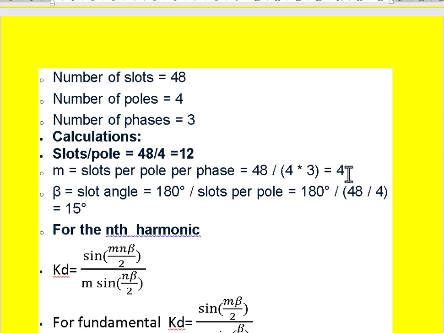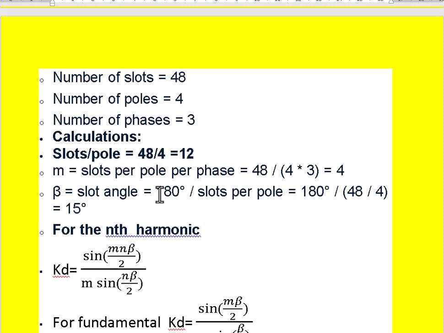Next, M is nothing but slots per pole per phase. So number of slots already known, that is 48, divided by the number of poles means 4 into number of phases means 3. So then we get 4. So M, the number of slots per pole per phase, is equal to 4. And next, coming to the beta, that is slot angle. This slot angle is defined like this: 180 degrees, this is for the full pitched winding, 180 degrees divided by slots per pole.